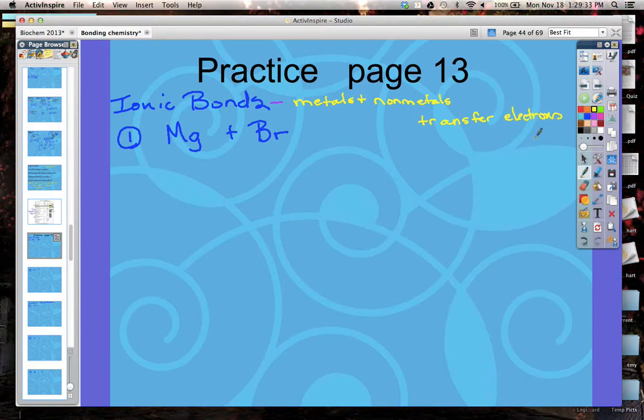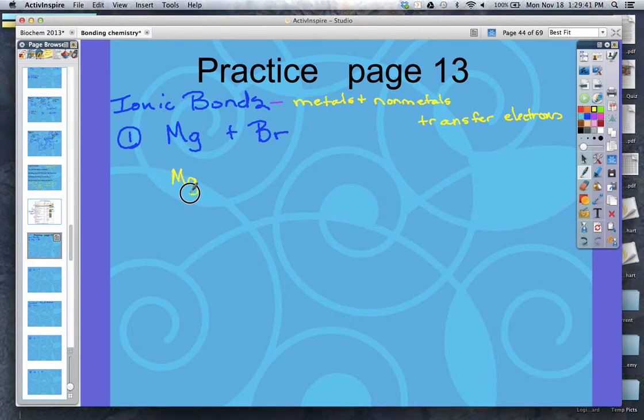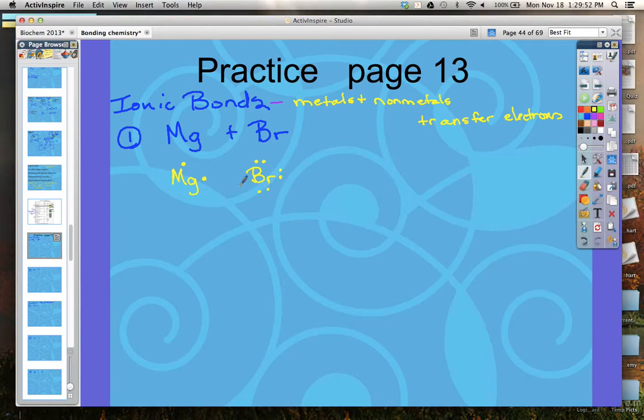Okay, transferring electrons. So if you look at the first set of elements, you've got magnesium and bromine. The first thing you want to do is go in and do the Lewis dot structure for each one of them. Magnesium is Roman numeral 2, and bromine is Roman numeral 7. So those are the valence electrons.